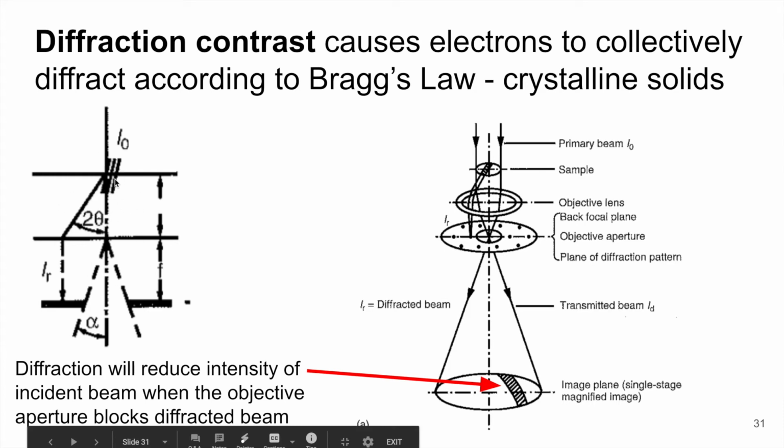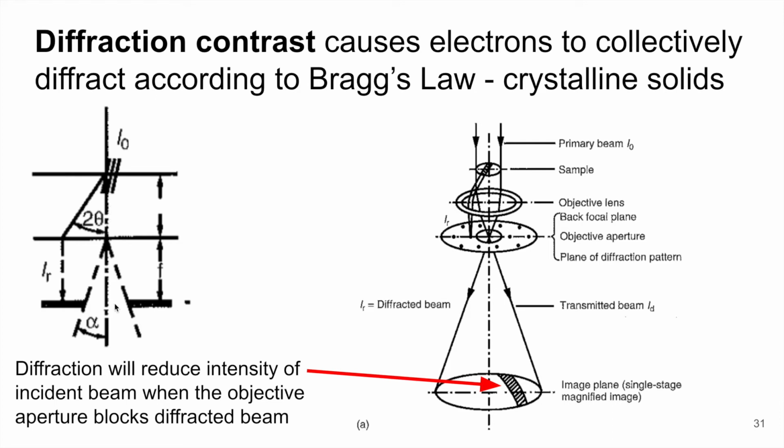And so this kind of emphasizes what's happening there. We have a crystalline material here, which is our sample. Our incident beam, electron beam, is coming down, and then if it's at the right angle, it will diffract by that angle theta, and that will cause those collective electrons to diffract and again hit that back portion of the objective aperture instead of going through.